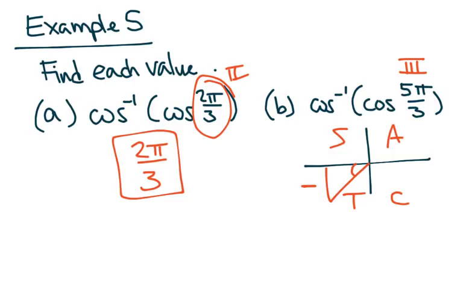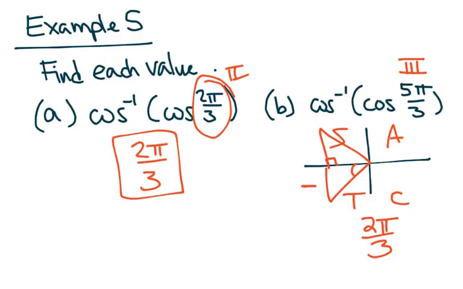The only other place where cosines are negative that actually falls in our domain is in quadrant 2. So the angle I'm looking for must be in quadrant 2, and it must have the same reference angle as 5 pi over 3. Well, the reference angle is pi over 3. The angle in quadrant 2 with a reference angle of pi over 3 is 2 pi over 3.